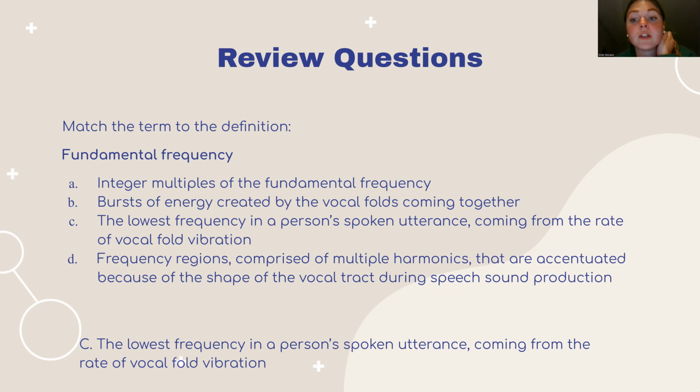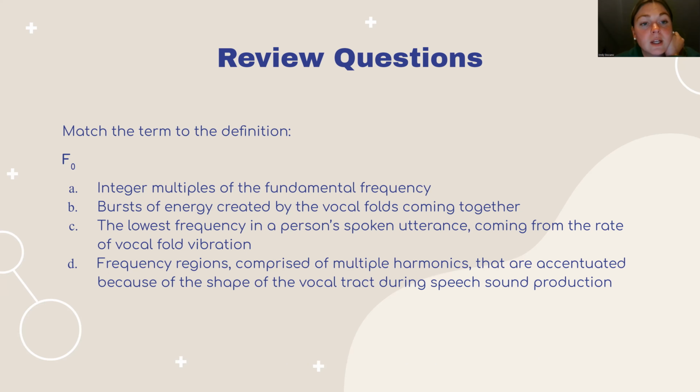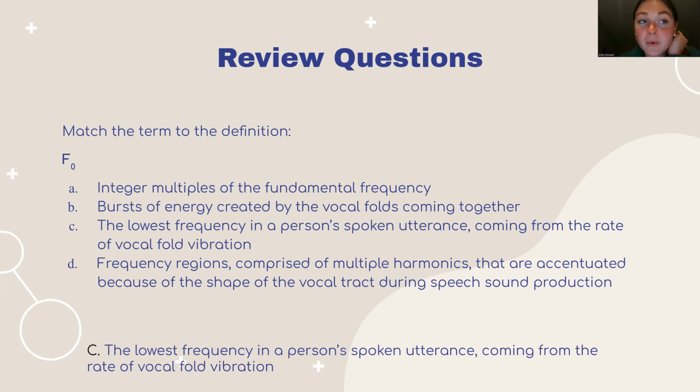And then all the other speech sounds come from just changing the shape of your mouth, causing those different distortions. But that main carrier frequency of your voice, that lowest frequency component, is the fundamental frequency. And this is just making sure you remember that F sub 0 is the symbol for fundamental frequency. So this is the same thing, lowest frequency in a person's spoken utterance.